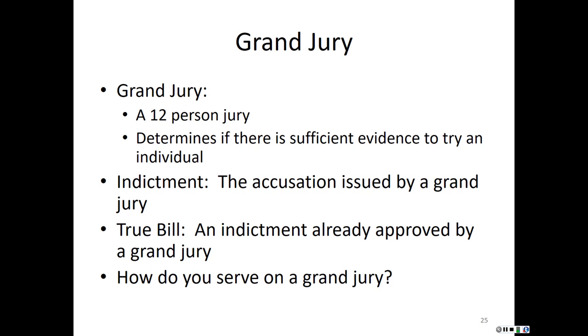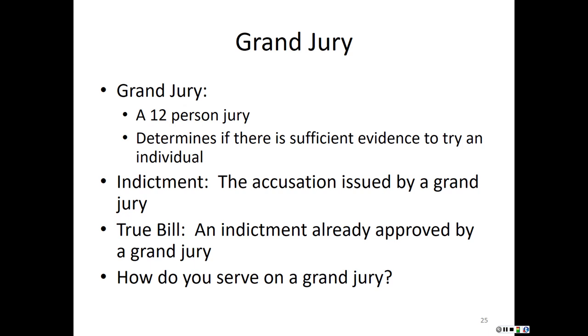The prosecuting attorney, the government official, will come to the grand jury, the 12 individuals, and say, I believe John Doe, once again, committed a crime. This is my proof. This is the evidence I am presenting to you to show why I believe this individual committed a crime.